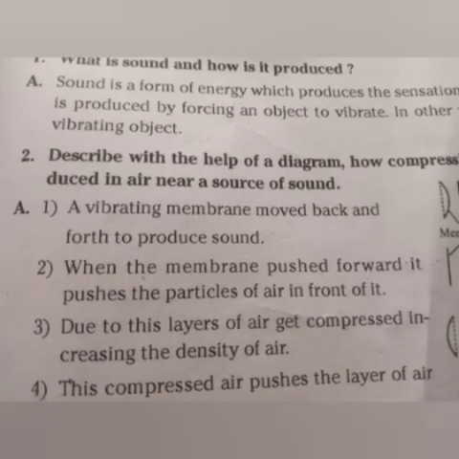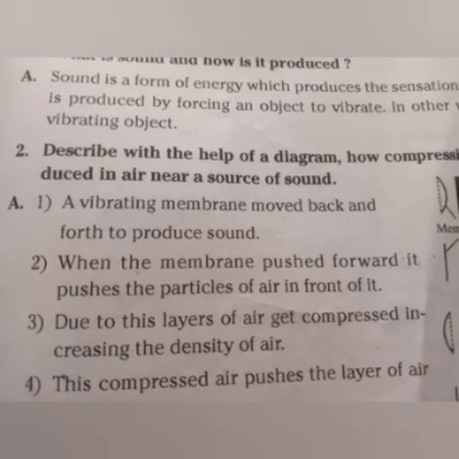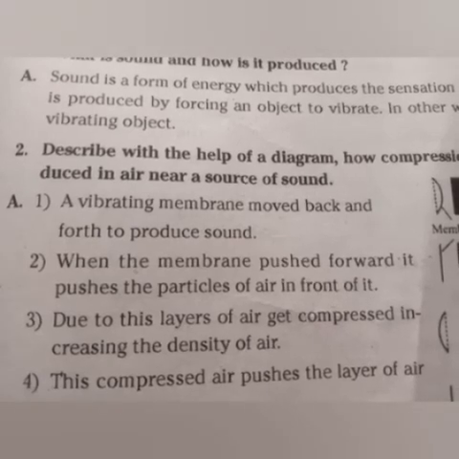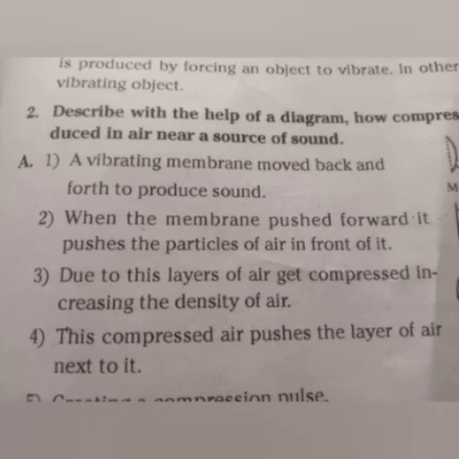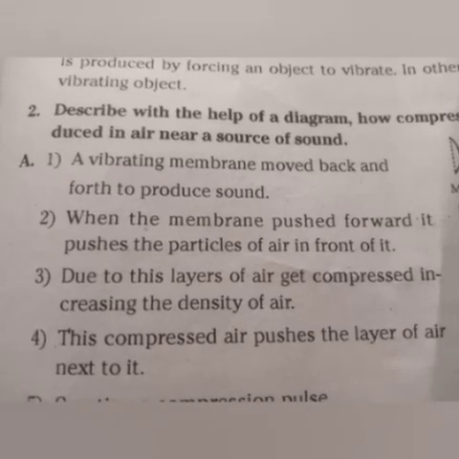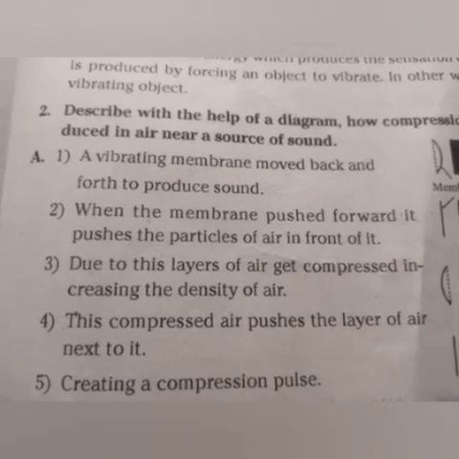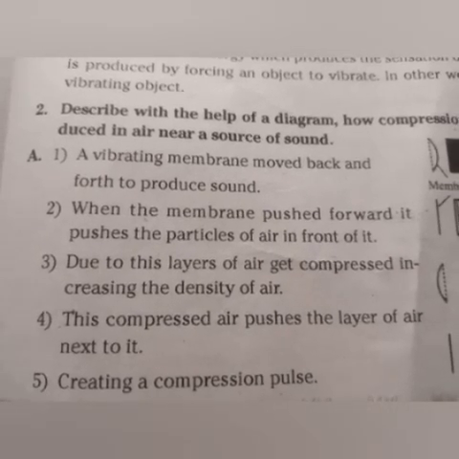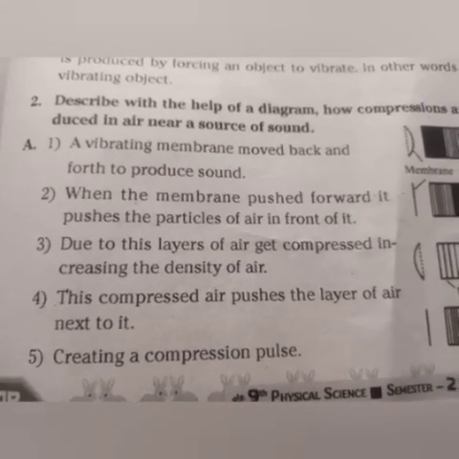When the membrane pushes forward, it pushes the particles of air in front of it. Third point. Due to this, layers of air get compressed, increasing the density of air. Fourth point. This compressed air pushes the layer of air next to it. Fifth point. Creating a compression pulse.